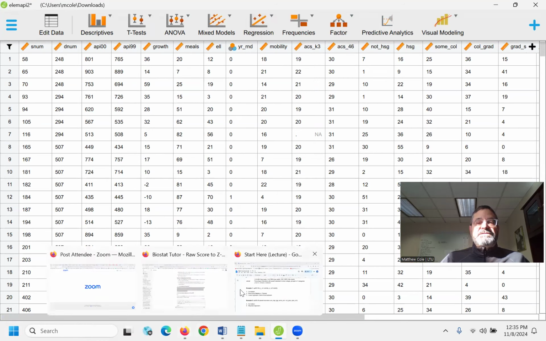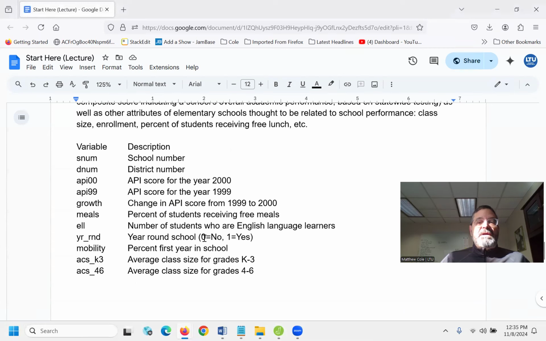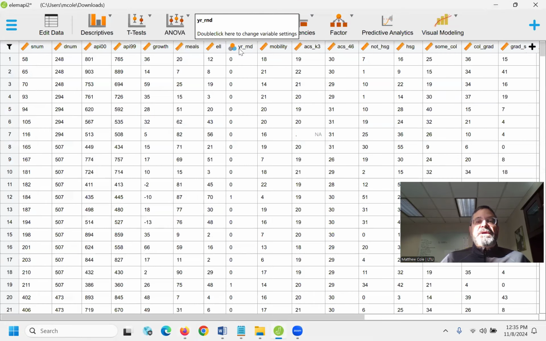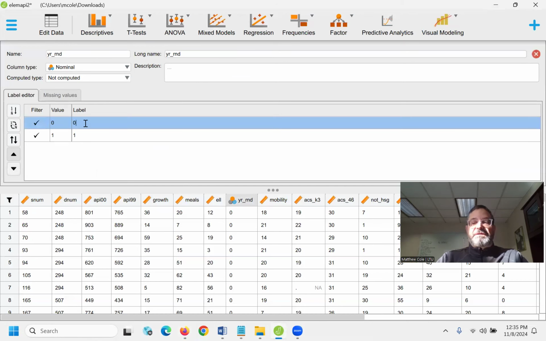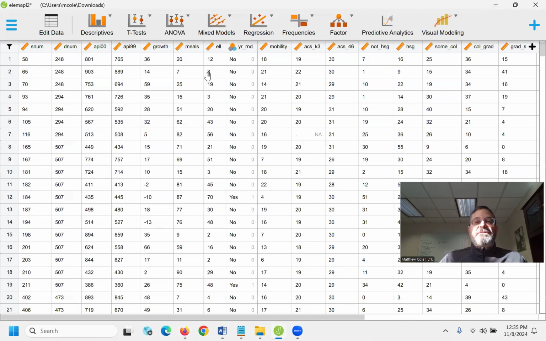So year-round 0 is it's not open year-round, and 1 it is open year-round. So we can leave it at 0 and 1, or we can just make our life a little bit easier. If it's 0, it's a no. If it's 1, it's a yes. And then when we do the analysis, it just might make it a little bit easier.